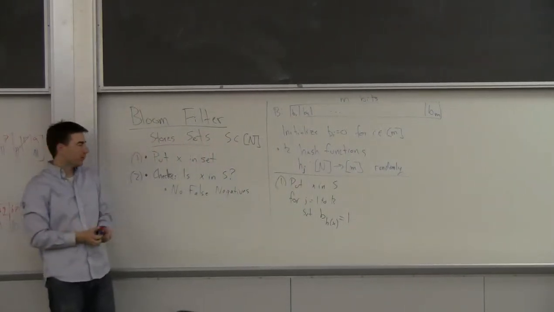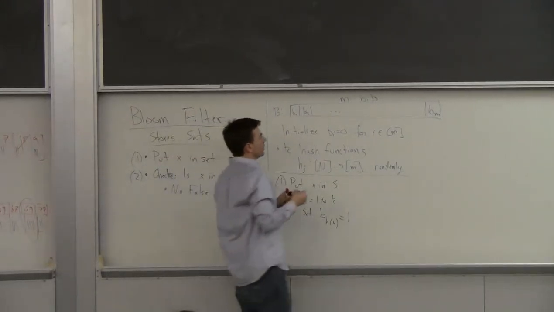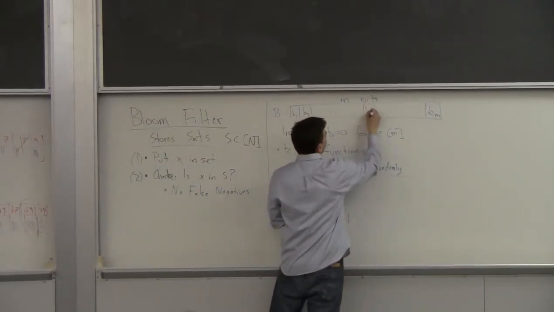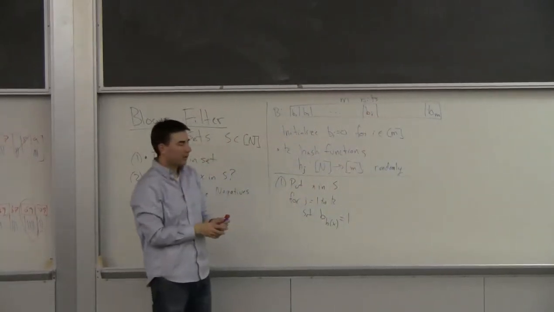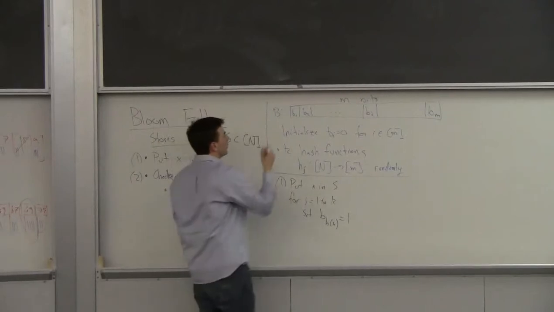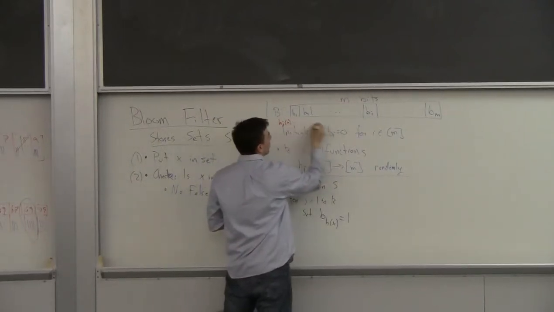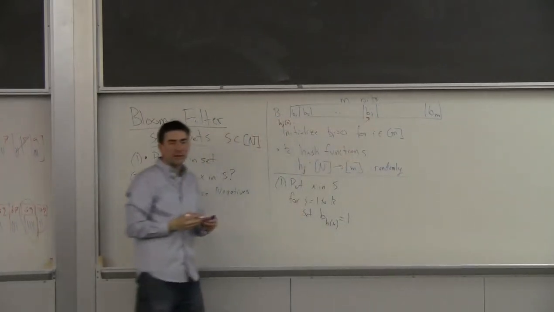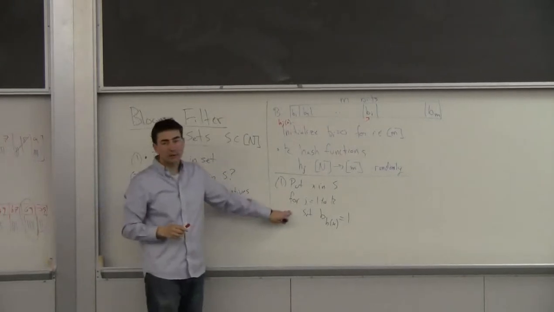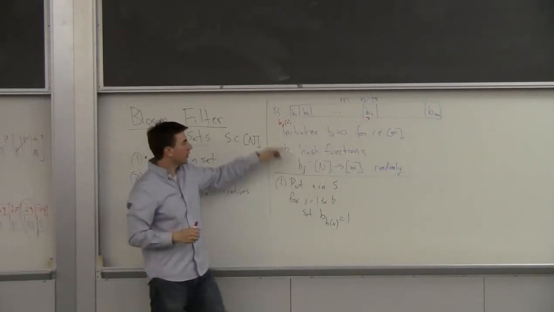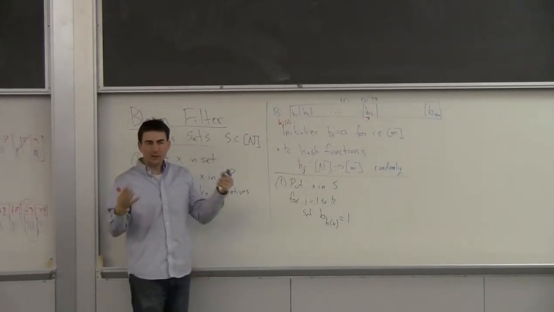Okay, so again, very simple. For each of the hash functions, I'm going to find its appropriate bit. So hash function j on x may point to here, and I'm going to set this bit to 1. And then I'm doing this for all hash functions. So they're all going to go into the same array. So I'm reusing the bits in some way.